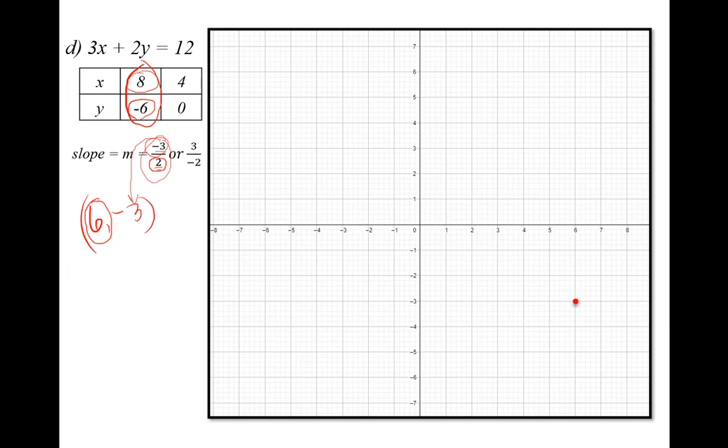That's why we have an ordered pair (8, -6). Okay? Ayan. So, pag piniplot natin yan, ayan siya. So, pag pinag-connect natin yan, we'll end up with this graph. That is the graph of 3x + 2y = -12.